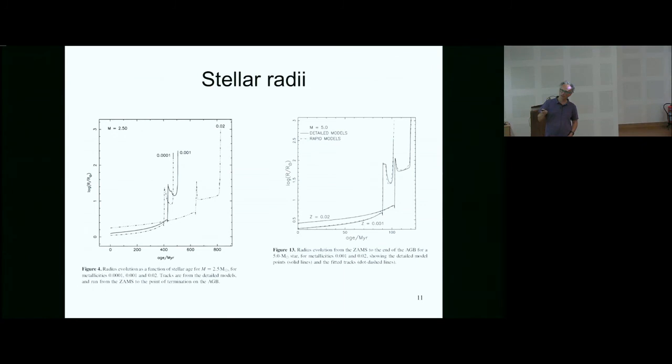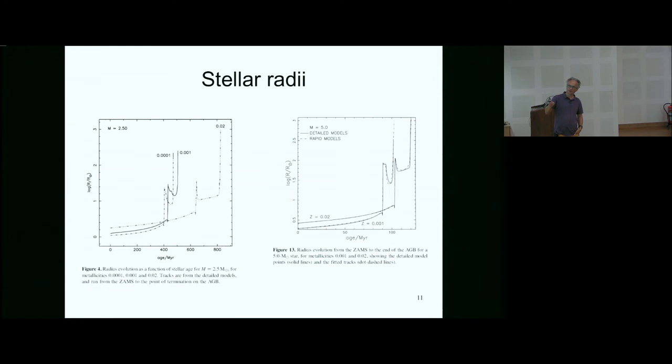So you see that this initial part, which is the longest, is the evolution on the main sequence when the radius of the star increases very slowly, and then you have 2 episodes. One is when the hydrogen in the core begins to be exhausted, then the core starts to become tighter, and at that point the envelope becomes larger.